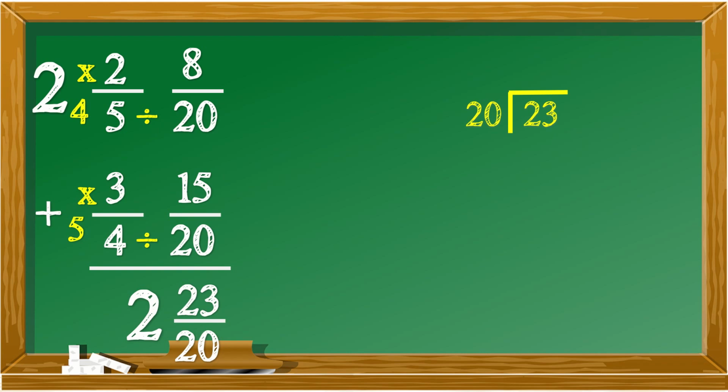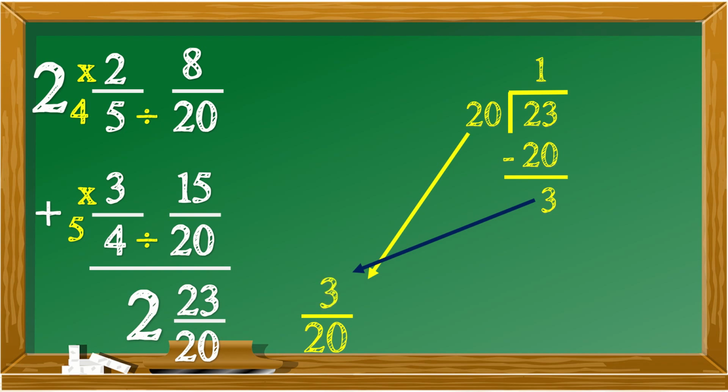To do that, we need to divide 23 by 20. 23 divided by 20 is 1. 1 times 20 is 20. Subtract. 23 minus 20 is 3. So 20 still is our denominator. The remainder will be our numerator, and the quotient will be our whole number.